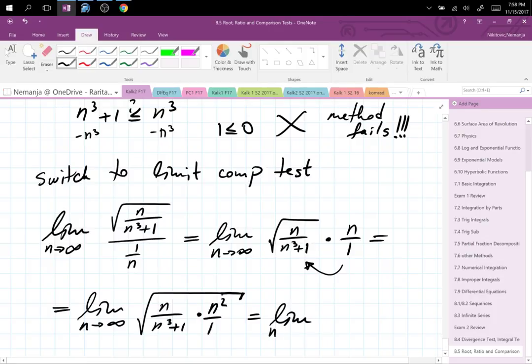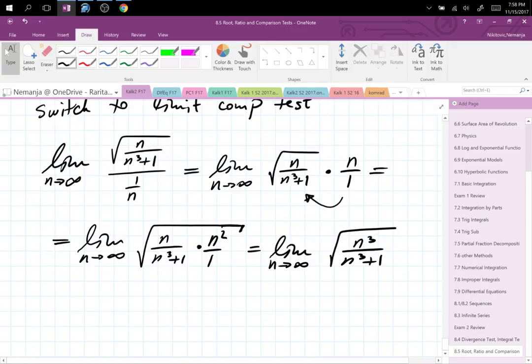This is what you would call next level algebra. And we have the square root of n cubed over n cubed plus 1. Now, the next one is the property of limits from Calc 1. The property of the limit said that if you have the limit of a function to some exponent, you can do the limit of the function and then apply the exponent to everything.